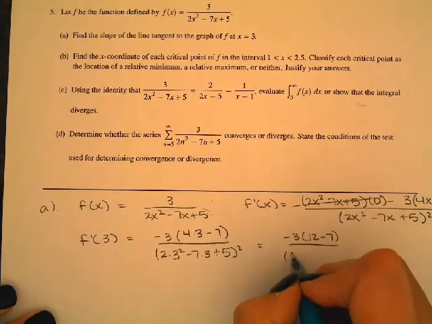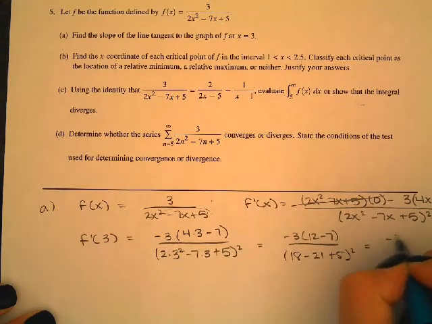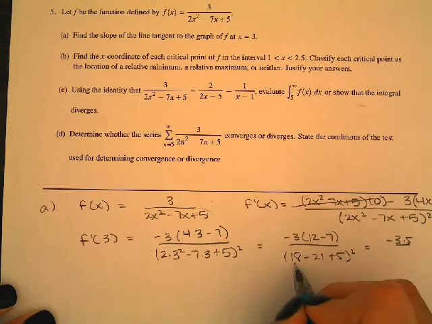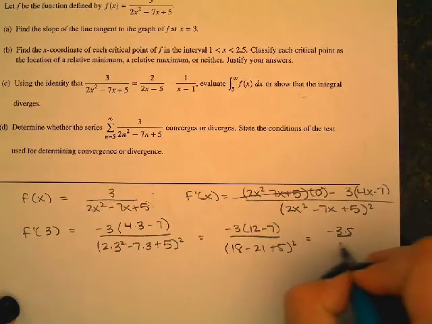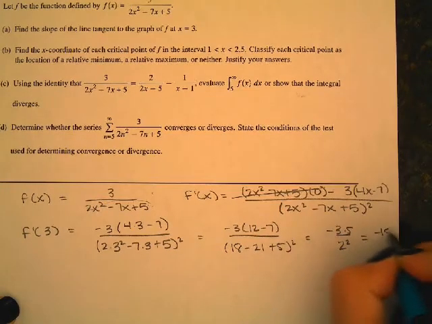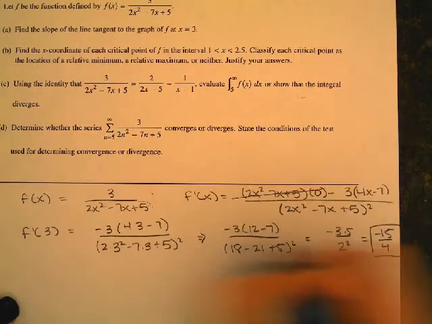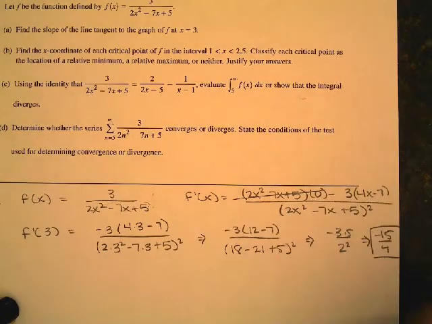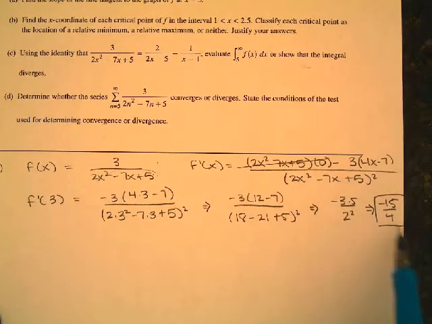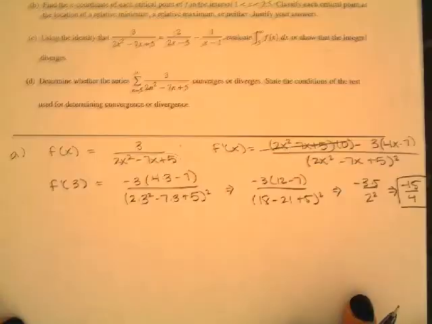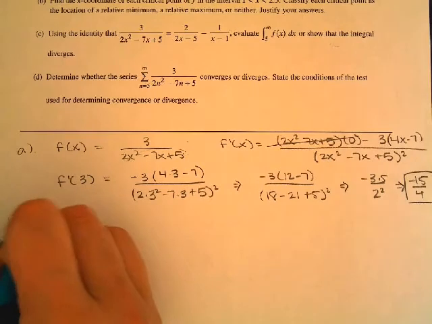Two times 9, -3 times 5, 18 minus 21 is -3. -3 plus 5 is 2. Okay, so -15 fourths. You can leave it here, you can leave it there. Not a bad idea to leave it here if you're at all unsure about your computations.